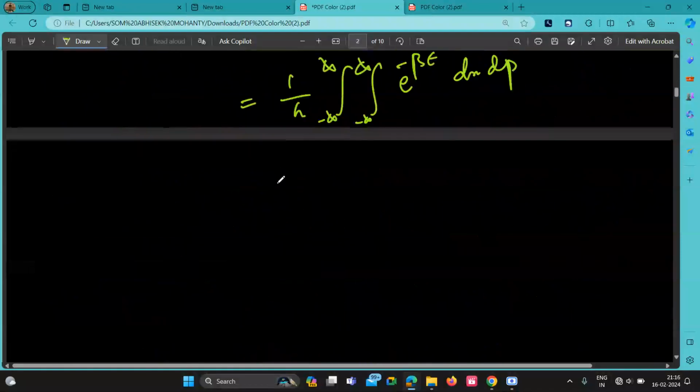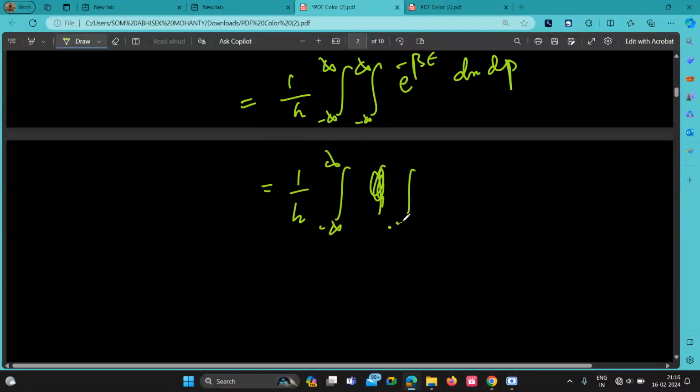So let's put it here: 1 by h, integral from minus infinity to infinity of e to the power minus beta p squared by 2m plus half kx squared, dx dp.